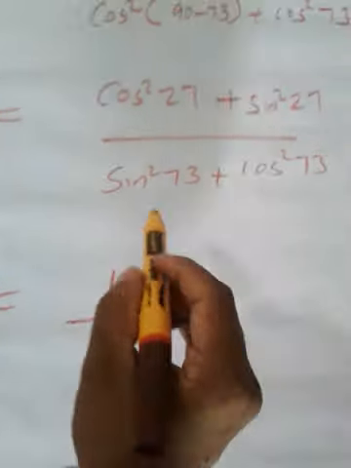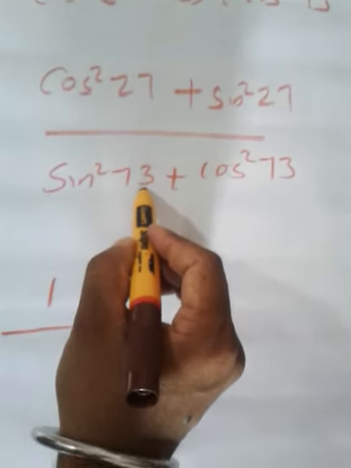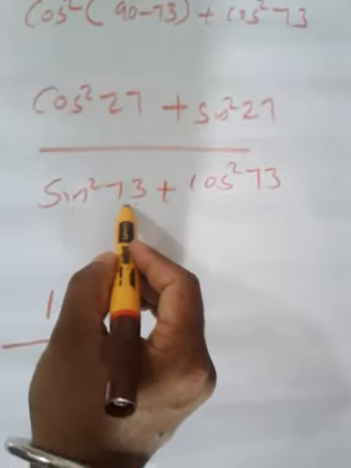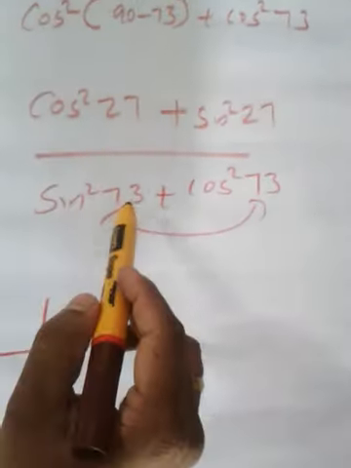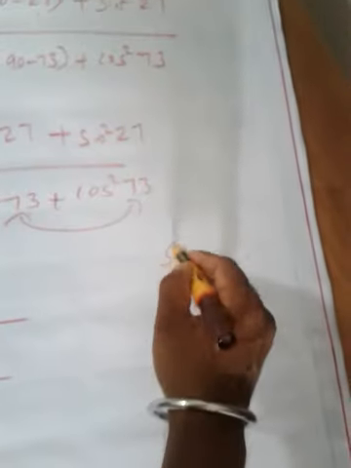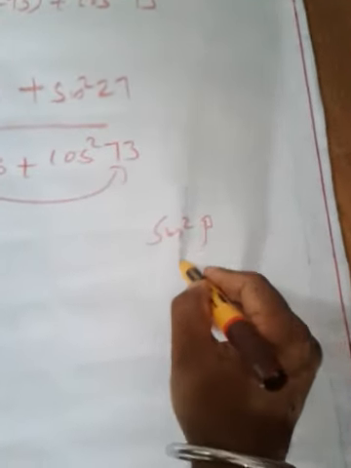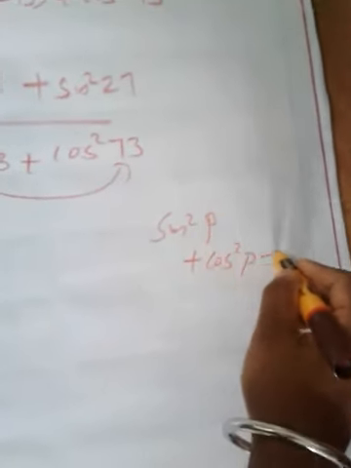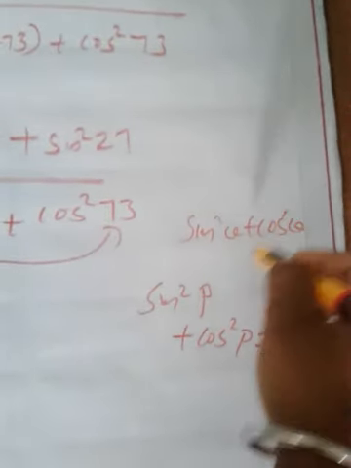So the numerator is 1. The denominator is also sine square of some angle, let it be theta, plus cos square theta, and by that identity it is 1. Sine square p plus cos square p is always 1. Sine square theta plus cos square theta is always 1.